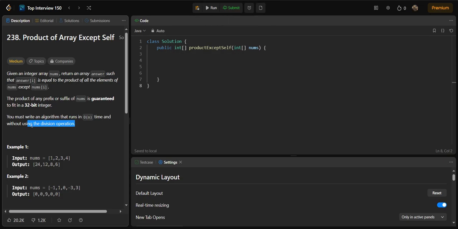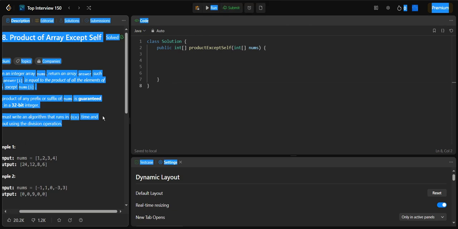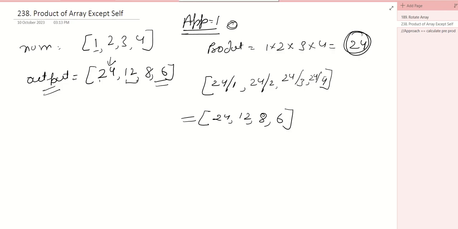So in the question, it is given that we should give the answer without using the division operator. Now let's see if we can think of any other approach. We should not be using the divide operator.